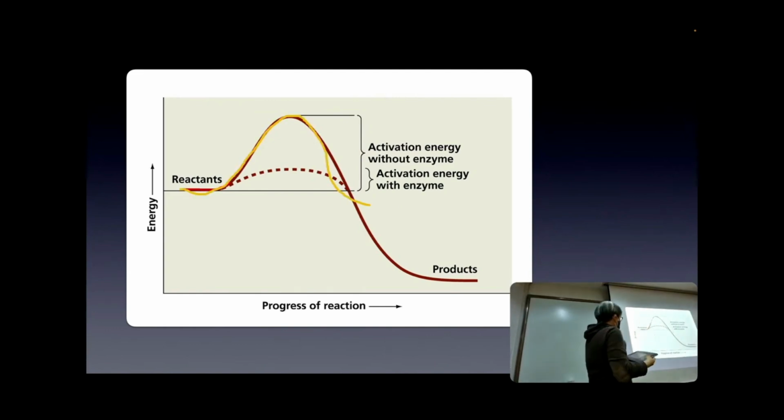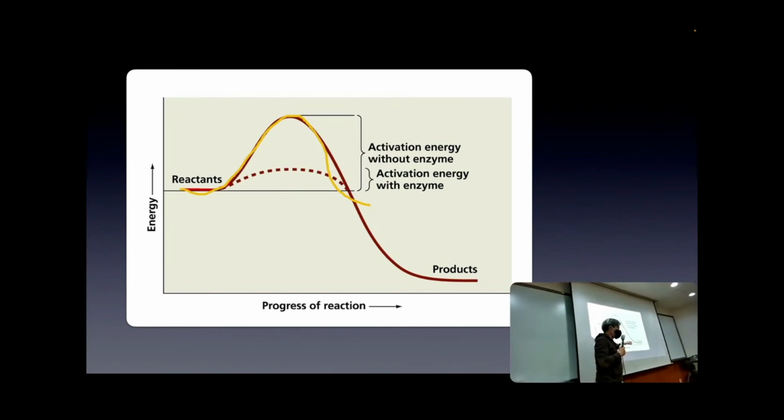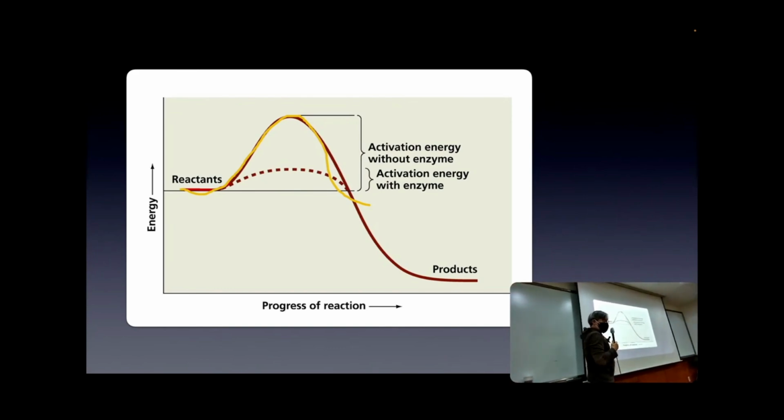So the reason why this whole thing can be regarded as a spontaneous reaction is that the starting point, the reactant, the starting material, has a higher energy than the product.